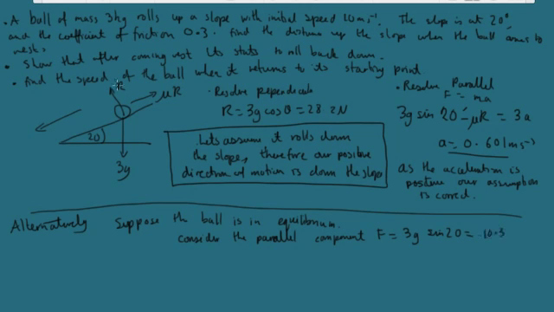So there's 10.3 newtons coming down the hill, but mu R, which is the friction, equals 8.46, and this is less than F.